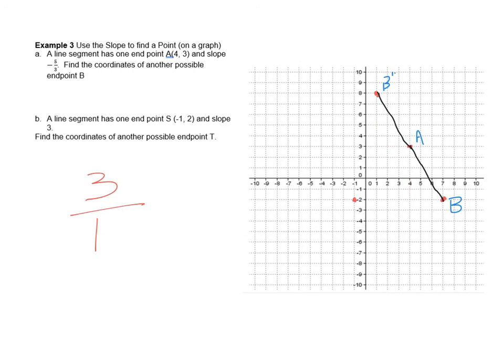And remember it's a positive 3, it's not negative 3, so that means the line's going to be going up to the right. So from the starting point that I have, which is negative 1, 2, I should go up 3, 1, 2, 3, that takes me to 1, and over 1, that takes me to the point 0, 1. And I can identify that point on the graph.